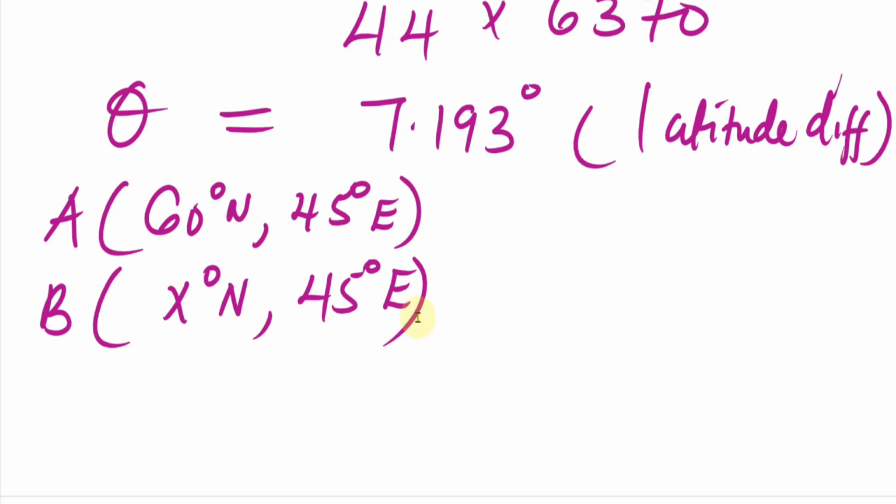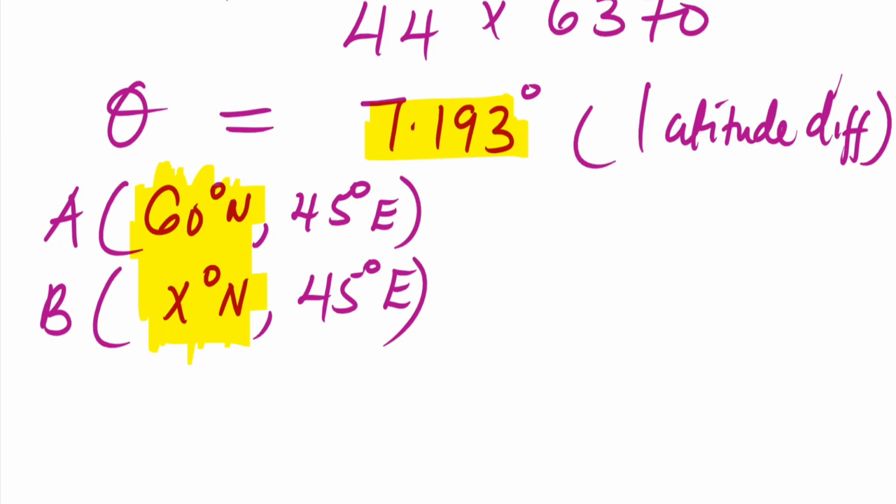So in order to obtain the latitude difference, which is 7.193, we use 60, that is the latitude, and x.